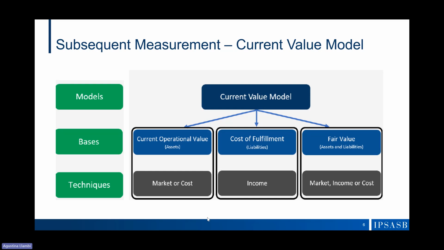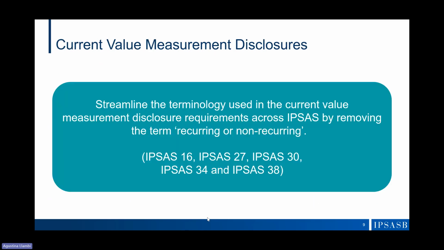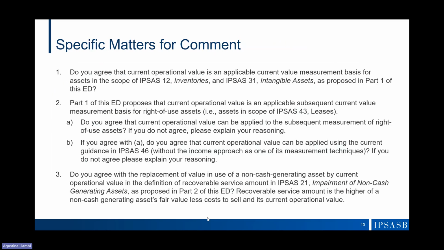But once the IPSASB received feedback from constituents, it concluded that it would only allow the market or the cost approach. With the addition of current operational value in this second phase, specifically for right-of-use assets, the IPSASB is just getting confirmation that entities do see that you could still use the current operational value without having the income approach as one of the measurement techniques.